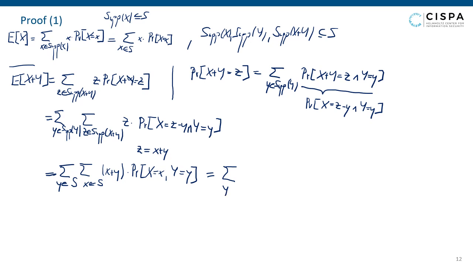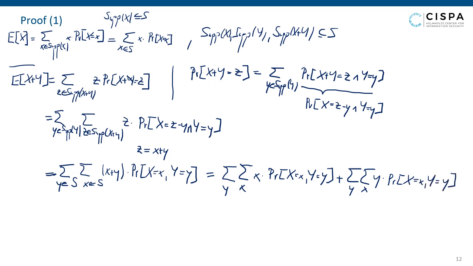So let's first use distributivity and rewrite this as the sum over all y, I'll just drop the domain S, the sum over all lowercase x, x times the probability X equals x, Y equals y, plus the sum over y and x, y times the probability X equals x and Y equals y. So let's rearrange these sums here.